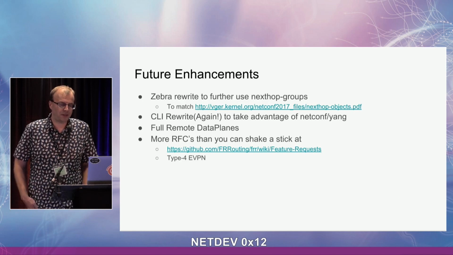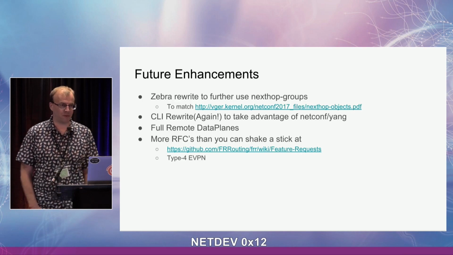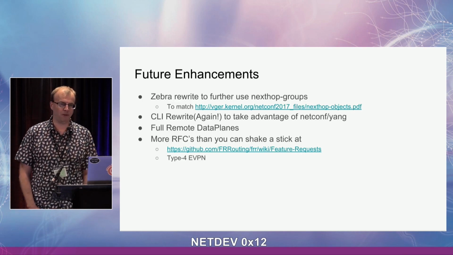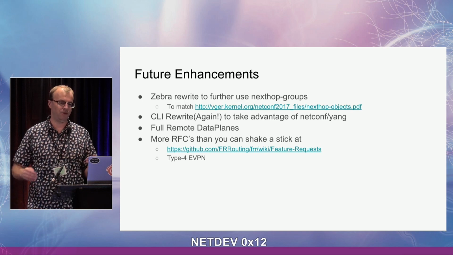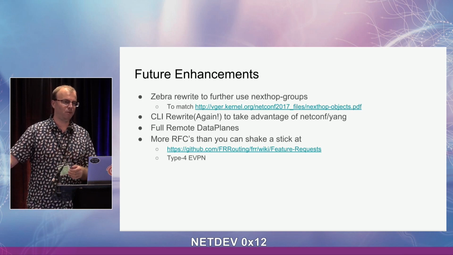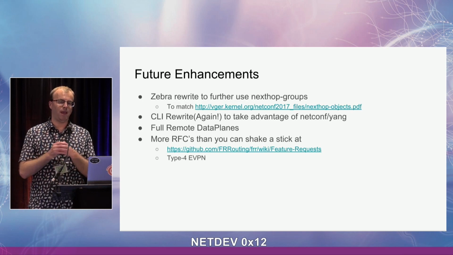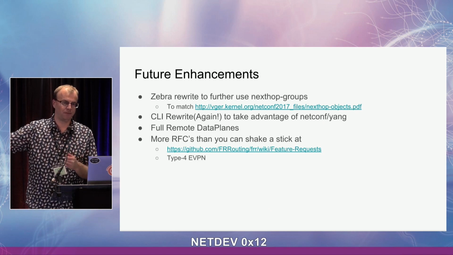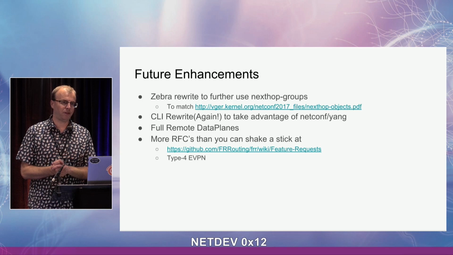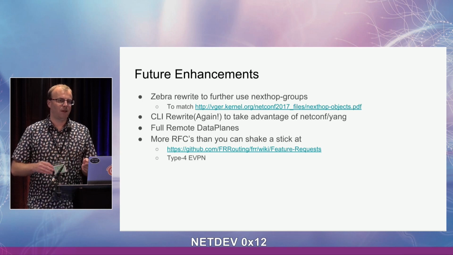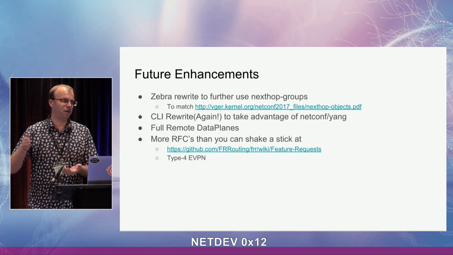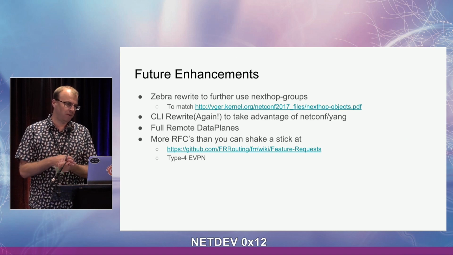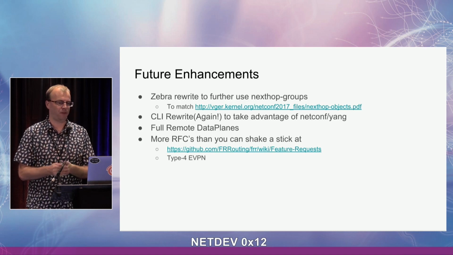The other thing we're thinking about doing, and some people have started doing, is full remote data planes. What I basically mean by that is that the Linux kernel would no longer be the FIB. It would be an entirely different something else. So it'll allow you to install routes onto another device anywhere, as long as you set up the appropriate communication methods between the different devices.